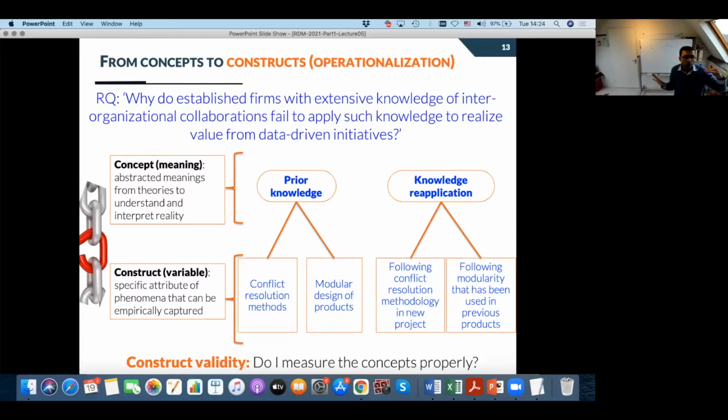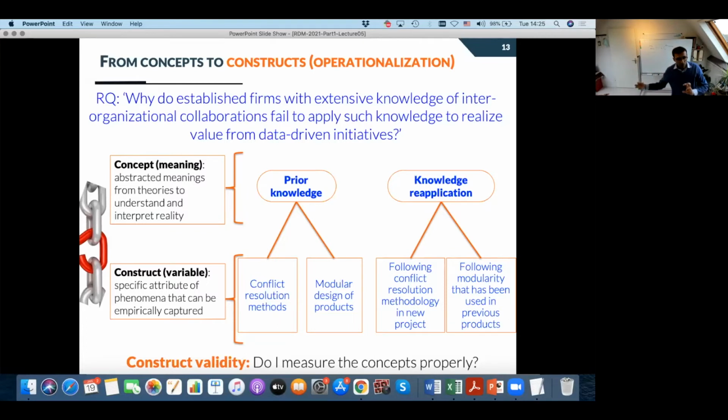If I want to know how the monkey moves, the movement of the monkey is a concept. But then the speed of running is maybe a more concrete construct, because I can observe it, I can measure it, I can find it in reality. But if I look at something else which is unrelated as a construct, then the connection is missing.